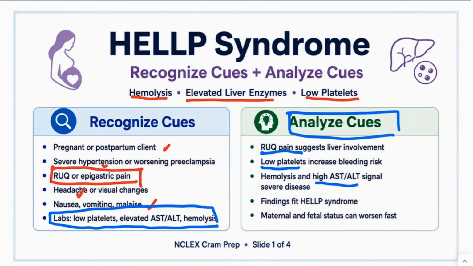Together, they are going towards the HELLP syndrome. And once those cues begin to cluster, the question changes from what is happening to what could happen next. That takes us directly into prioritizing the most dangerous complications and deciding what this patient needs first.